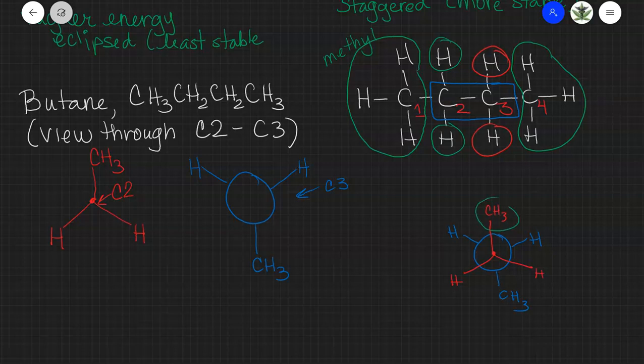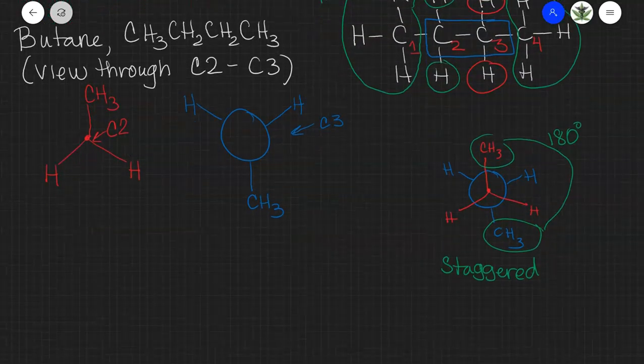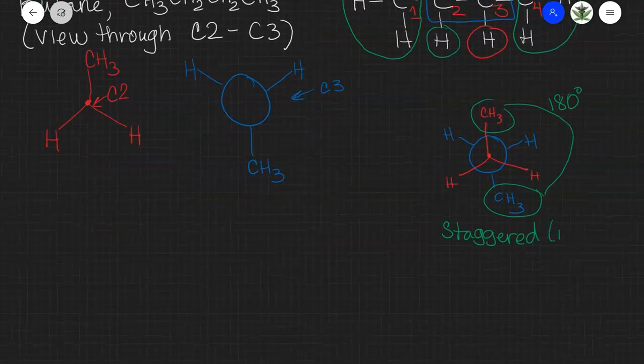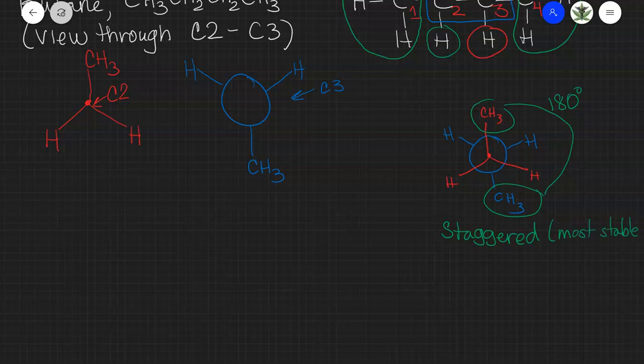And if you take a look at how the structure is drawn, you should be able to see that this is a staggered conformation with a dihedral angle of 180 degrees. And remember, we said it was the most stable. You notice that we have actual substituents that are not hydrogens.